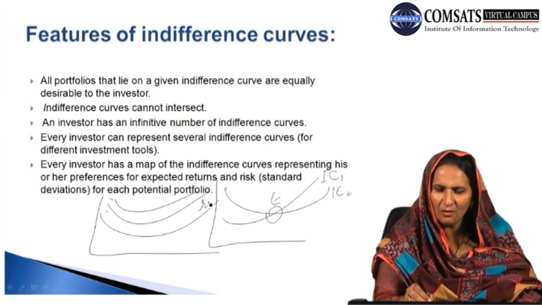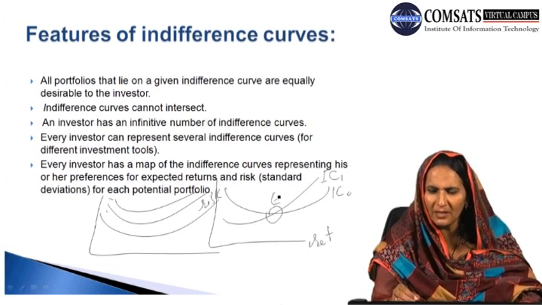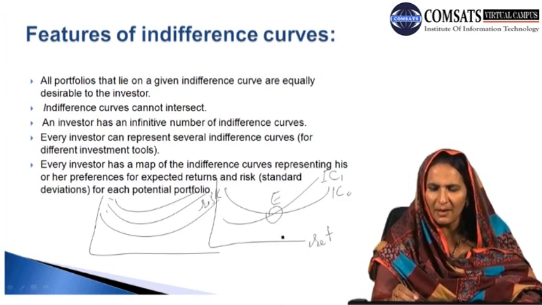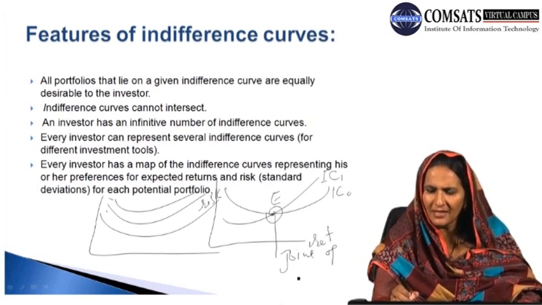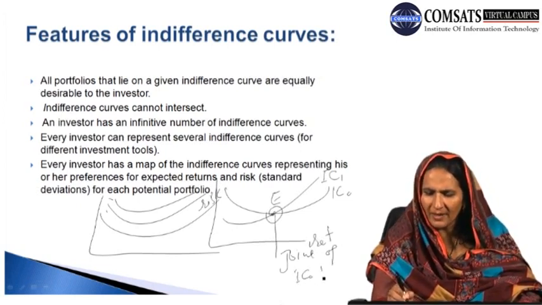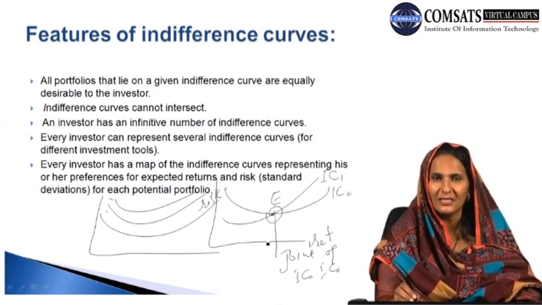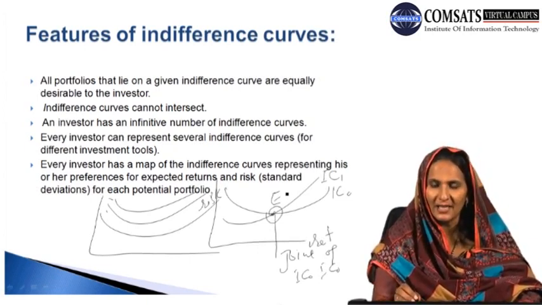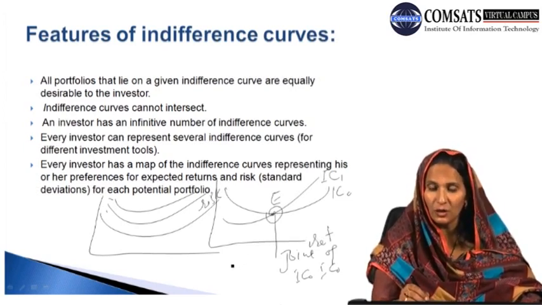If we have risk along the vertical axis and return along the horizontal axis, we cannot have this type of combination indicated by E. E basically indicates a joint combination of IC1 and IC0, which tells us that we have a joint combination of returns and risk. It is not possible that two levels of risk and two levels of returns lie at one combination and are jointly measured and jointly chosen.